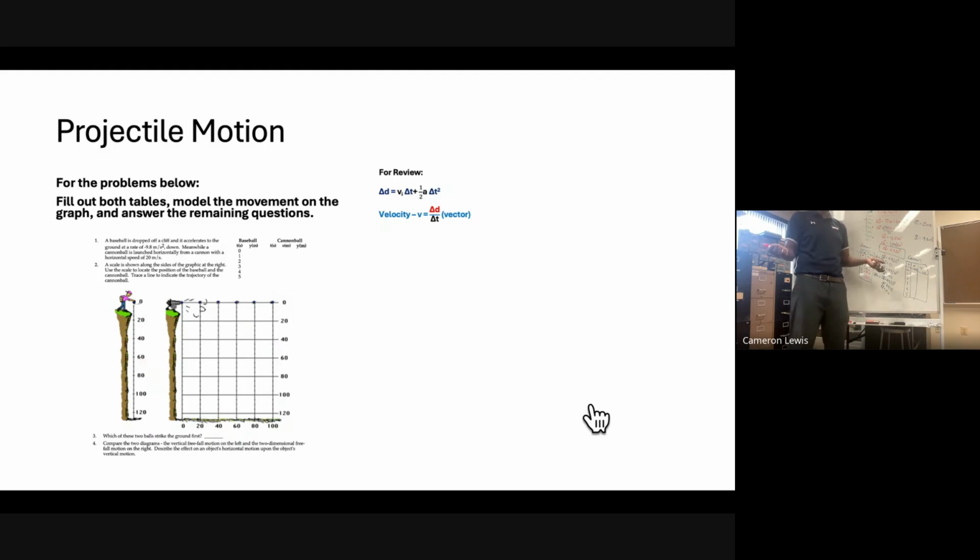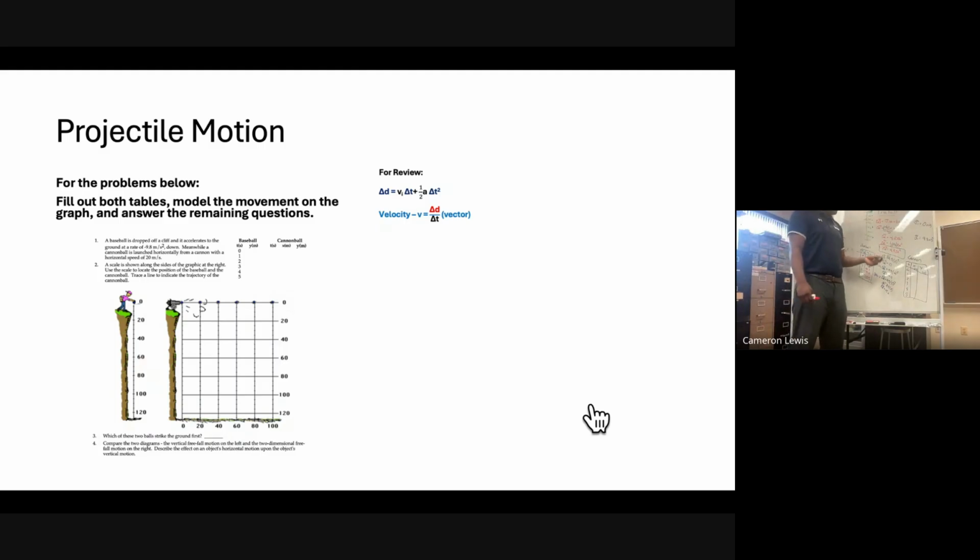I weigh more than the baseball, and I'm bigger surface area wise. Crazy, right? But does it matter? No, it doesn't matter, especially if we don't have air resistance. We're going to expect to see the same results whether we have a different object. So let's take that into account when we have the cannonball.